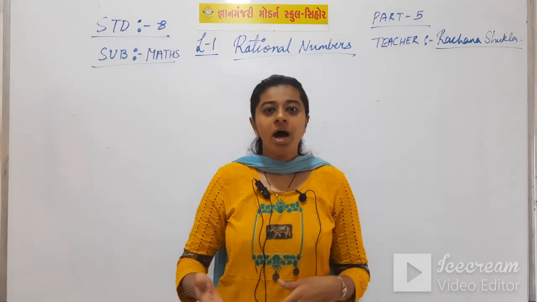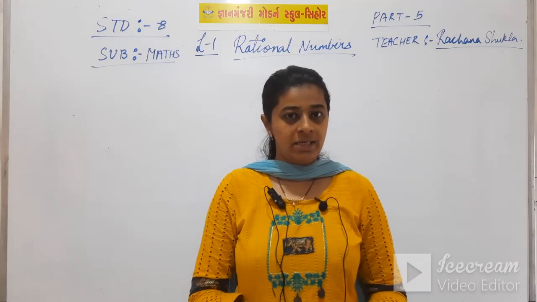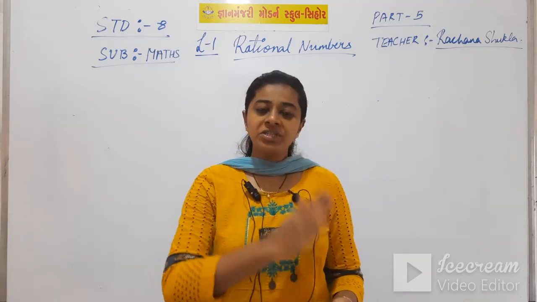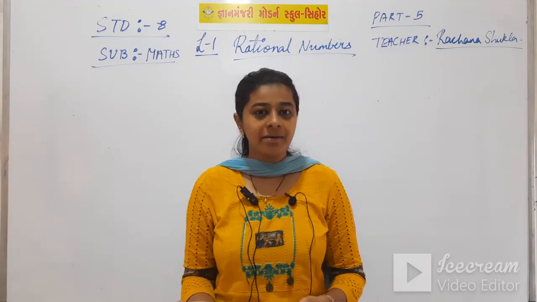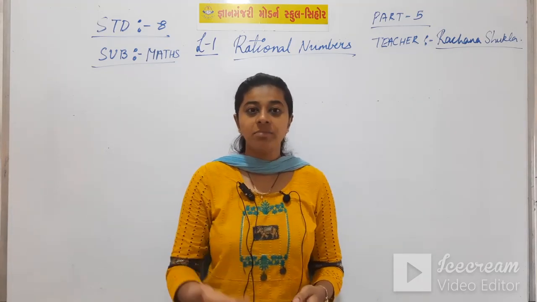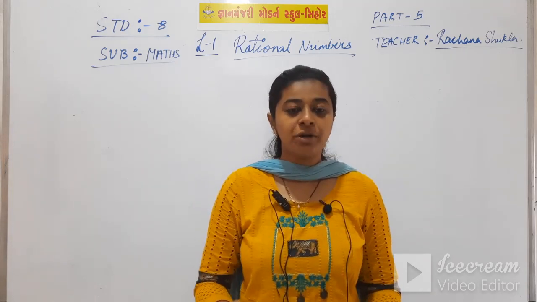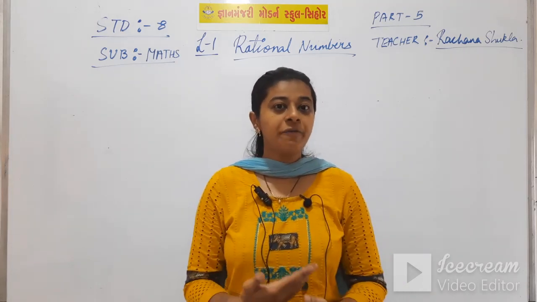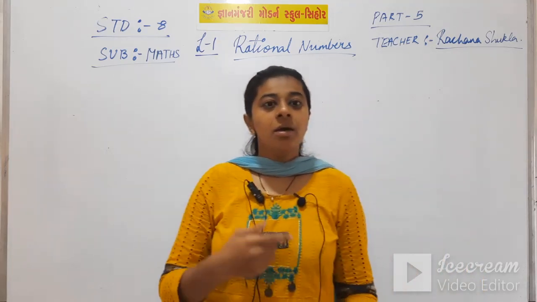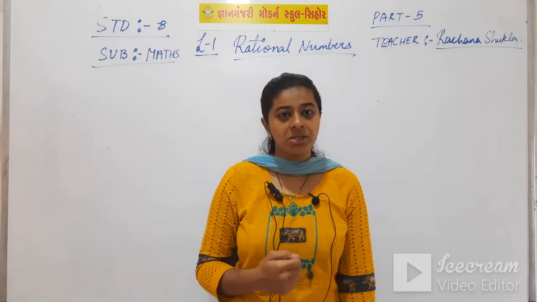Then we saw how to arrange rational numbers in ascending order and in descending order. We also learnt about which is the smaller rational number and the greater rational number. Then slowly we moved on to solving sums of rational numbers, that is addition of rational numbers and properties of addition of rational numbers. In today's video we will see properties of subtraction of rational numbers.